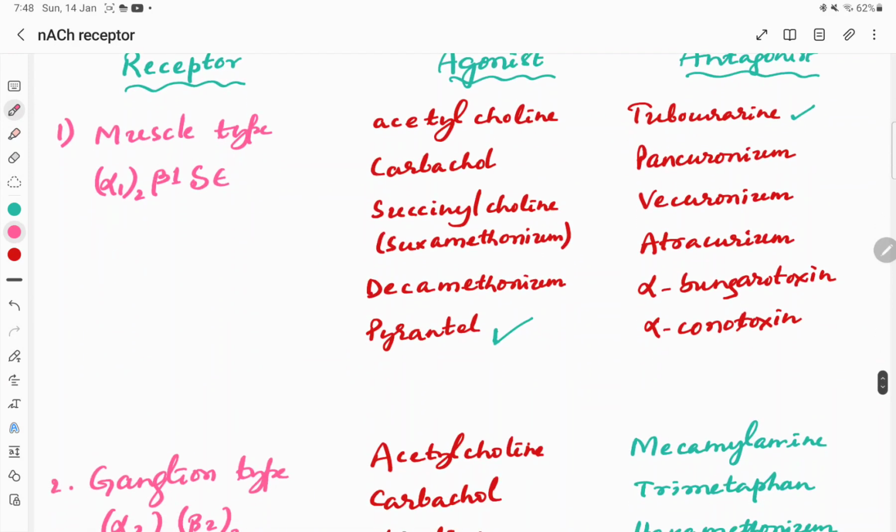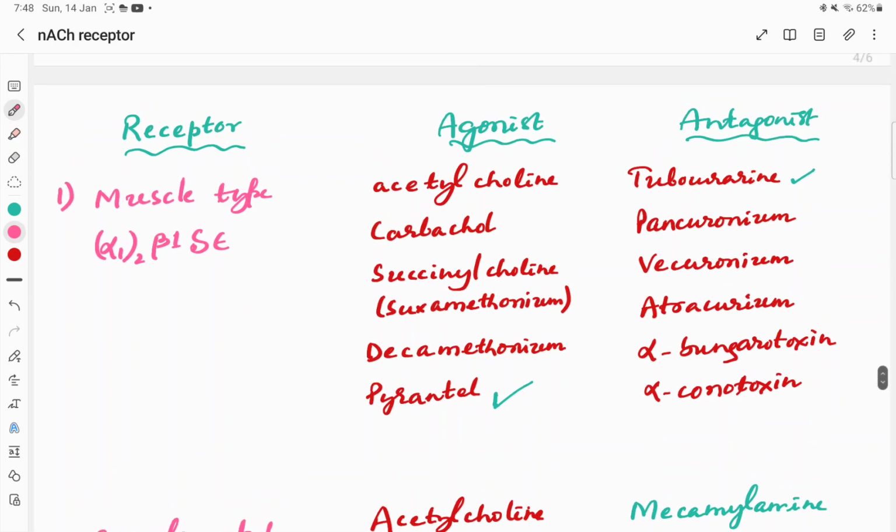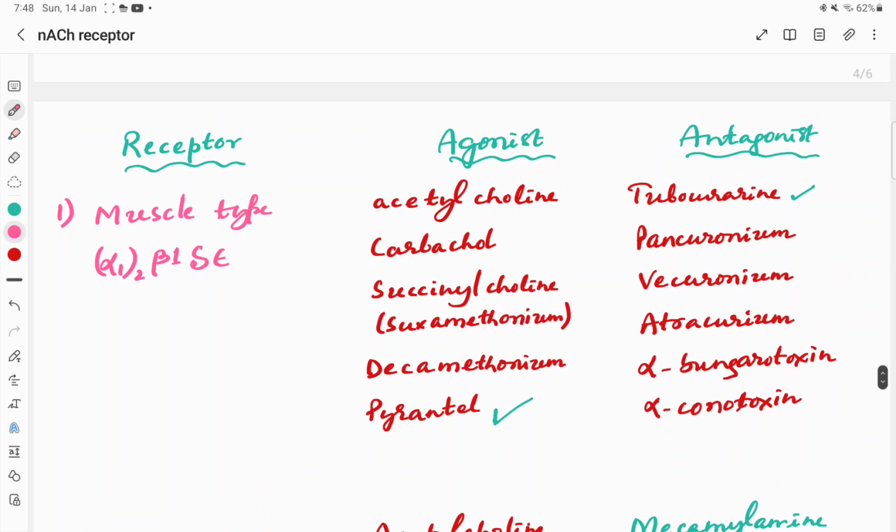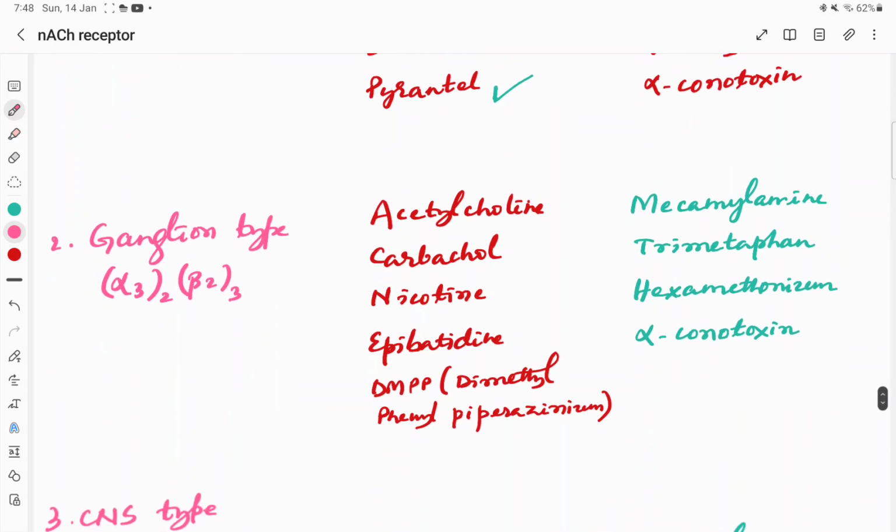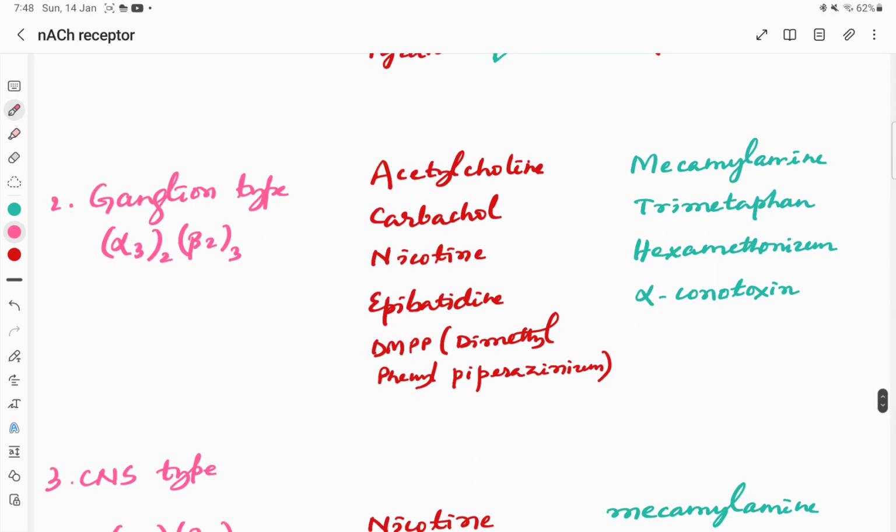Then we can have different agonists and antagonists. So this is a summary of your agonists and antagonists at different receptors in muscle, in ganglion, and in CNS.